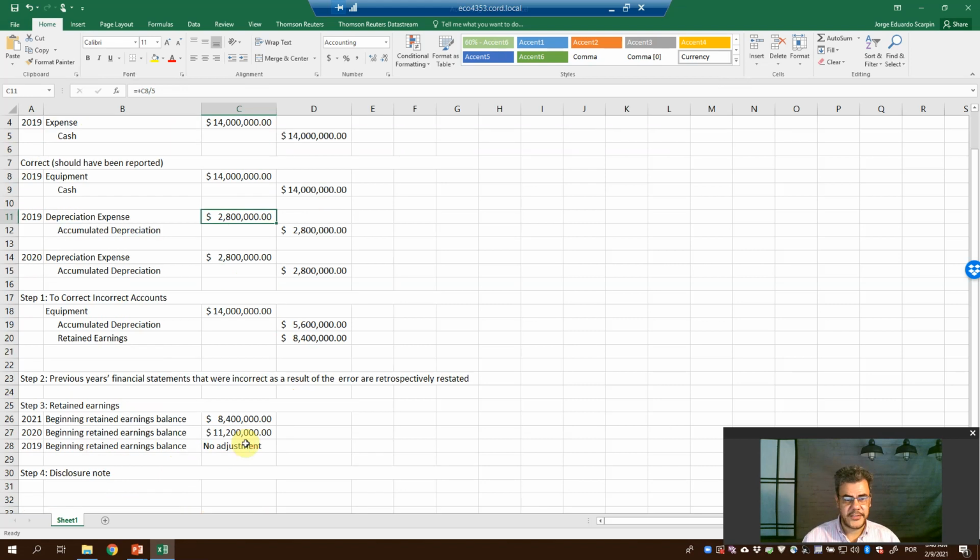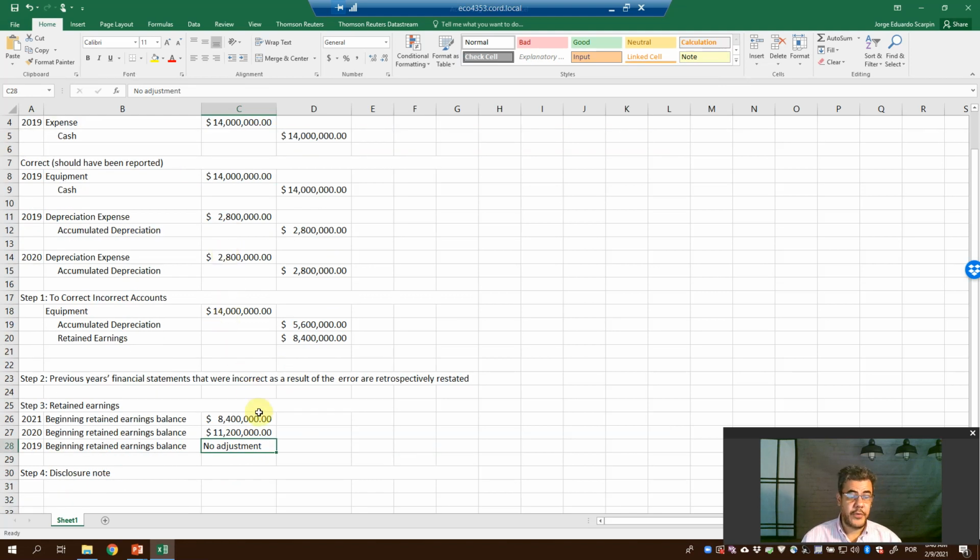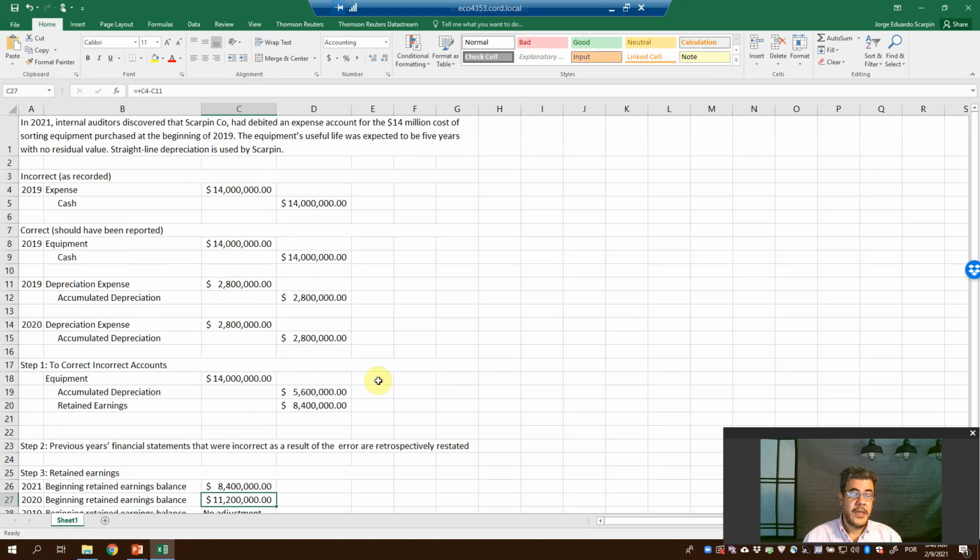Step 2, previous year's financial statements. So that is step 2. Step 3, retained earnings. What happened with our retained earnings? In 2019, beginning retained earnings balance, no adjustment because all of our math was done in 2019. So beginning retained earnings, nothing. 2020, how do we find it? What is the change on beginning balance?